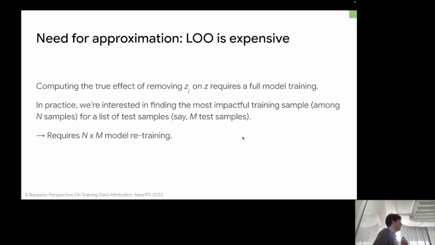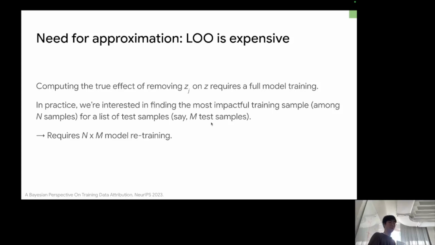If you just think about doing this in a brute force way, let's say there are n training samples and m test samples, right? Then you have to go over all the test samples, and for each test sample, you have to figure out which training sample was the most important by removing each of them and then retraining the whole model on the whole data set again.